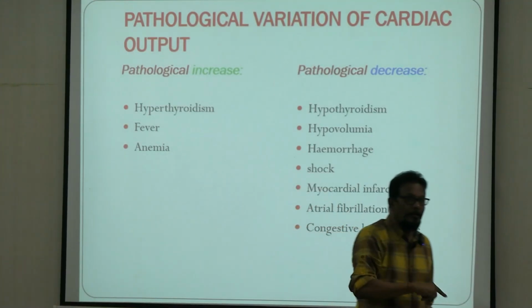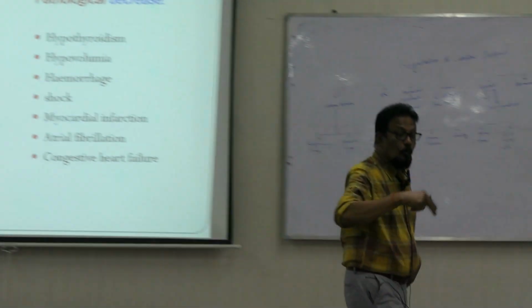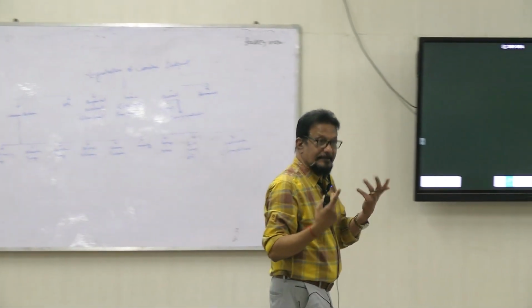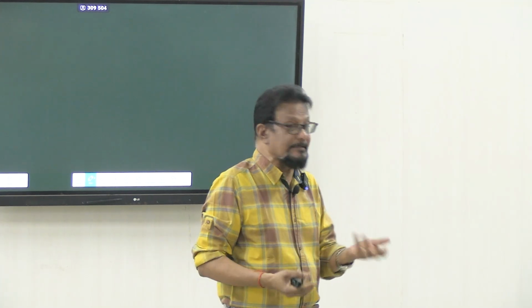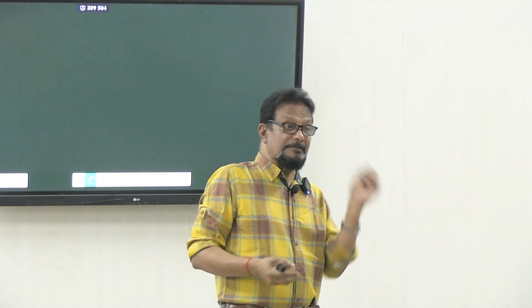Hyperthyroidism. We have learned that during hyperthyroidism more thyroxine is secreted, and this thyroxine is catabolic in nature. It catabolizes the carbohydrates, so it requires more oxygen for generation of energy. Who will be supplying this oxygen to the tissues? This will be supplied by the blood.